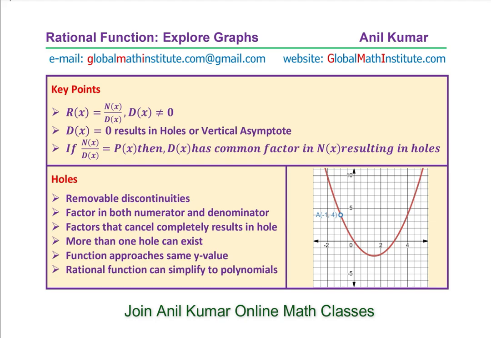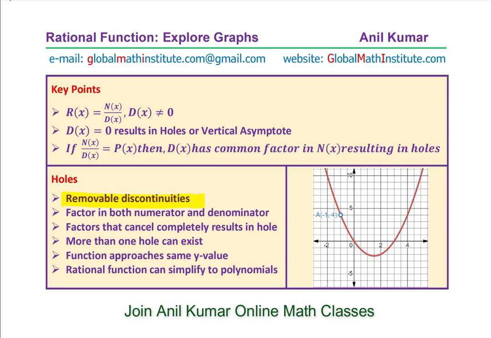Now, we also studied many properties of holes. Let's summarize them. A hole is referred to as a removable discontinuity. We could actually add on another function to plug this up, and therefore it is also called a removable discontinuity. We'll look into more videos and more questions where this point will be highlighted.